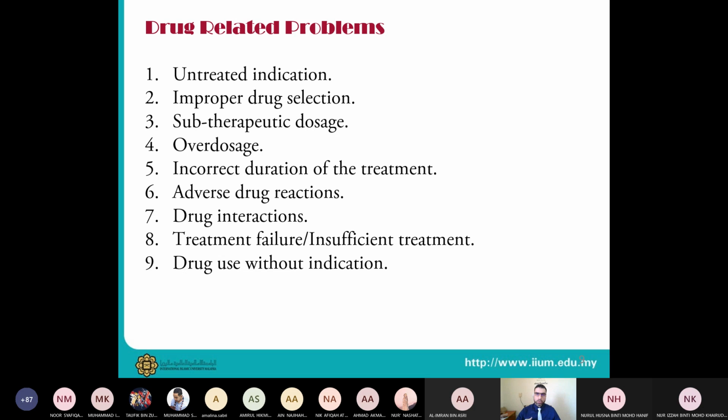In some cases, you will see that the medication was used for only 3 days. On the other hand, in some conditions, you will see that an antibiotic has been used for more than 2 weeks or 3 weeks.